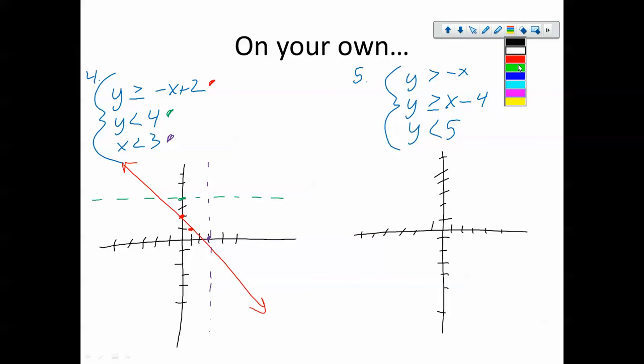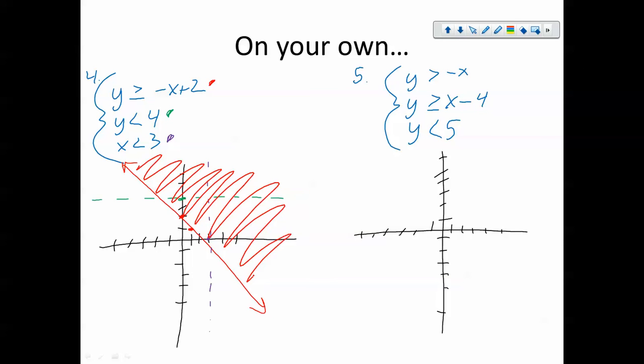Let's do our shading. Red line shading. This says y is greater than all of this. When the y is by itself, or the variable is by itself, we can just shade that side. So this says it's bigger than -x plus 2. So the red side, I am shading this region right here.